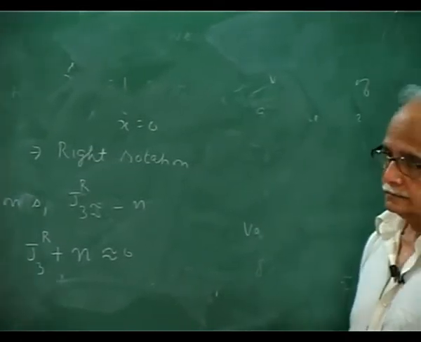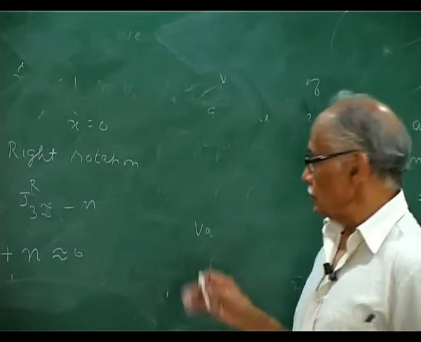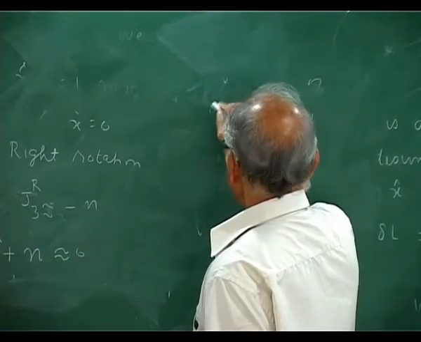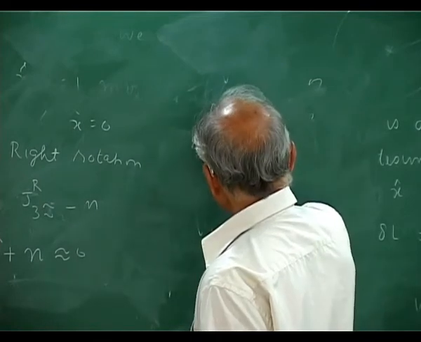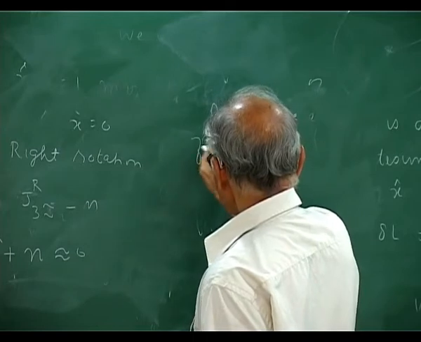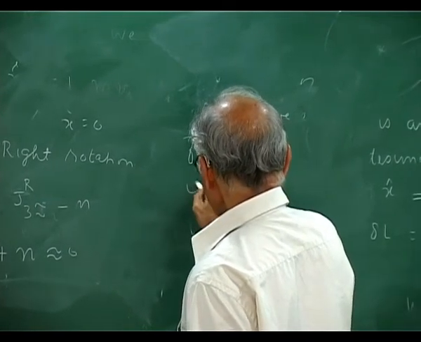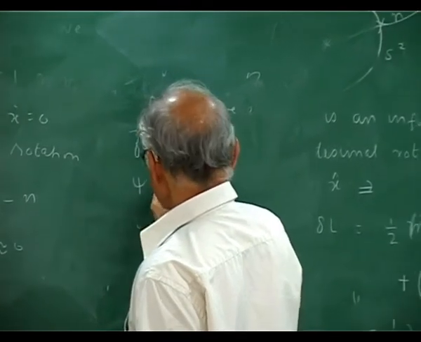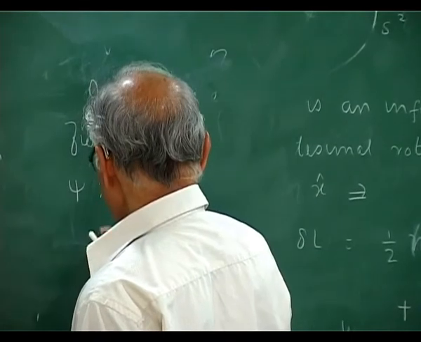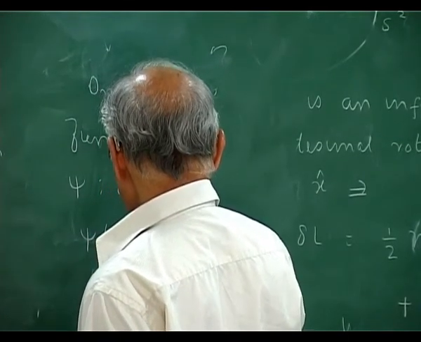So it is acting on the right, on wave functions, which will now be psi, functions on this q hat to complex numbers. So wave functions psi will be some function of r and s, a complex number.